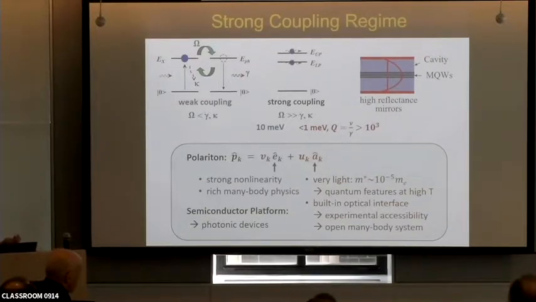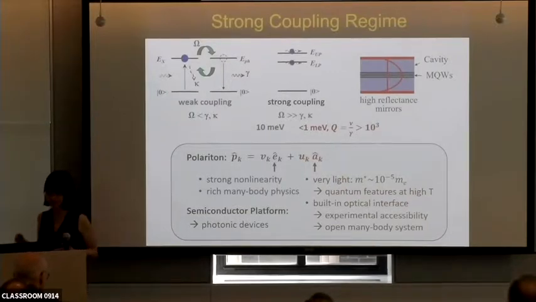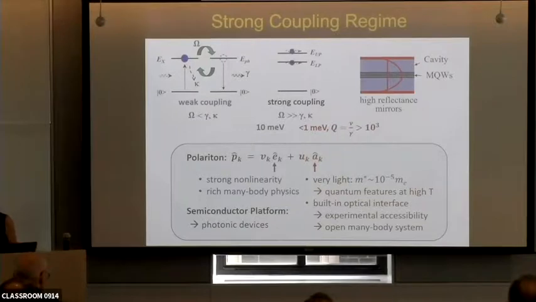Once we're in the strong coupling regime, the interesting thing about polaritons is this hybrid nature of matter-light hybrid particles. The matter part gives us strong nonlinearity and rich many-body physics. The light part makes it possible to study quantum features at very high temperatures, and also gives us a built-in interface for experimental accessibility as well as for studying open dissipative physics of many-body systems.